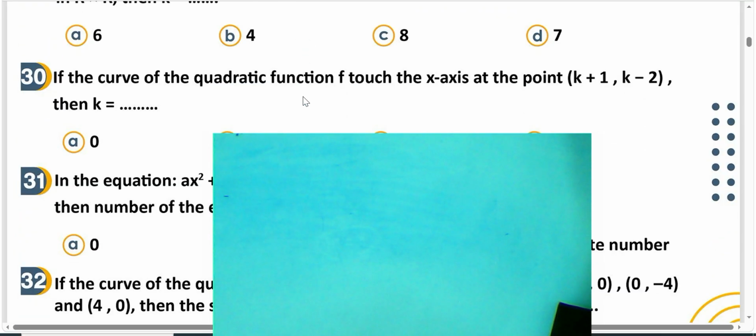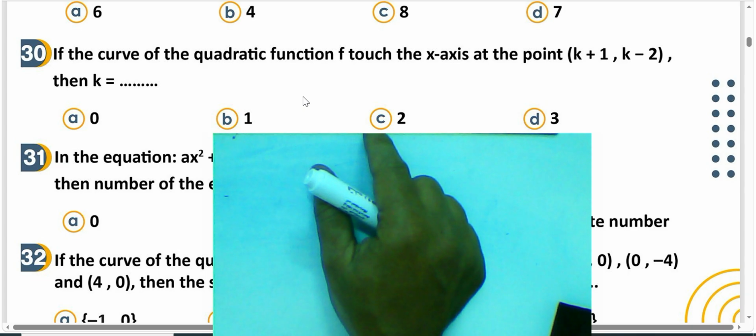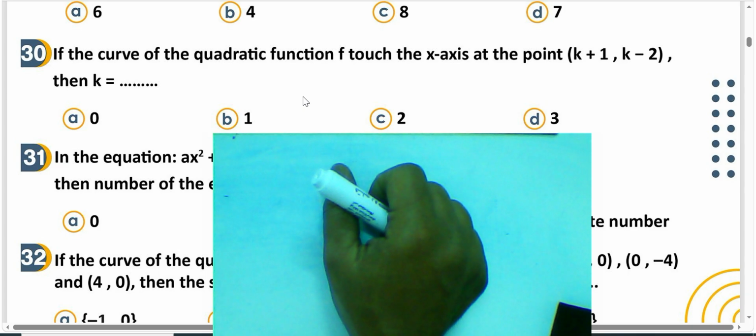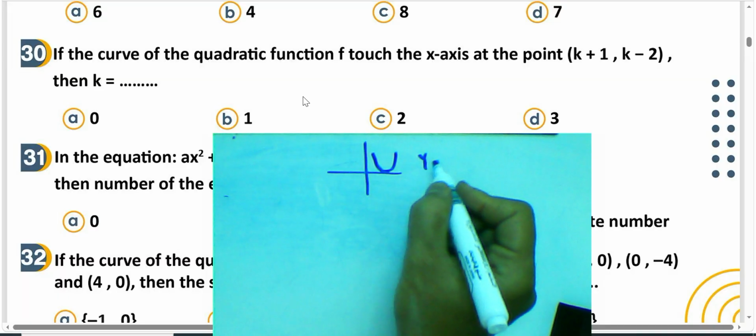Next question. If the curve of the quadratic function touches the x-axis at the points k plus 1 and k minus 2, then find k. Touching the x-axis means the value of y will be 0.